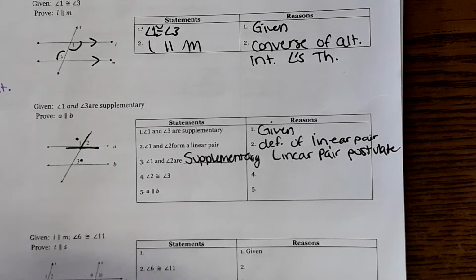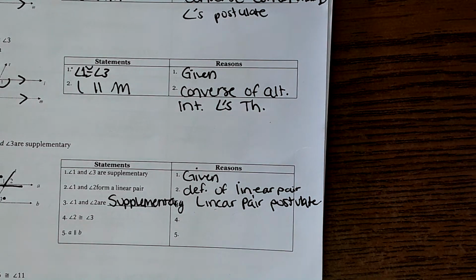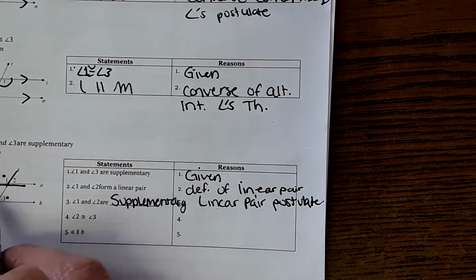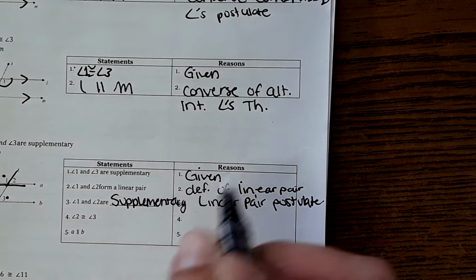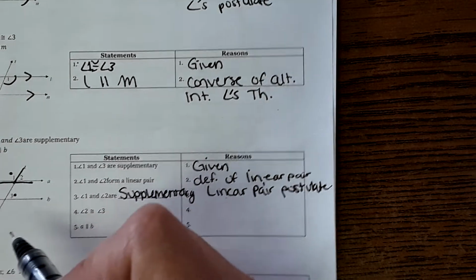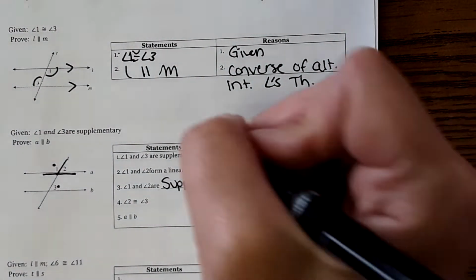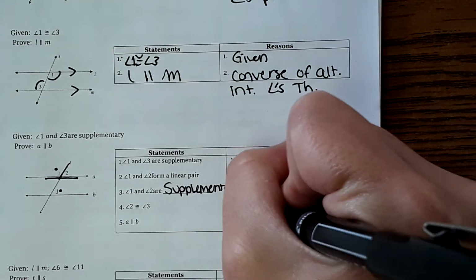And then from here it says, okay, 2 is equal to 3. And I recognize those as corresponding angles, but I can't say they're corresponding because I don't know that A and B are parallel yet. So the reason why 2 is equal to 3 is actually, and you might not remember this, congruent supplement theorem. And I'll explain what that is again.